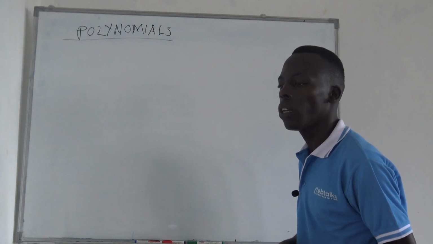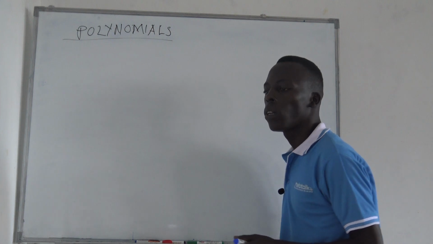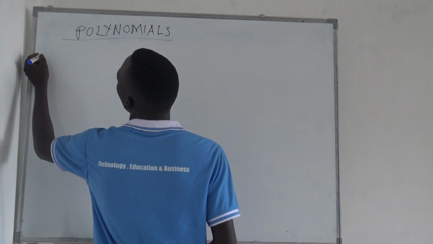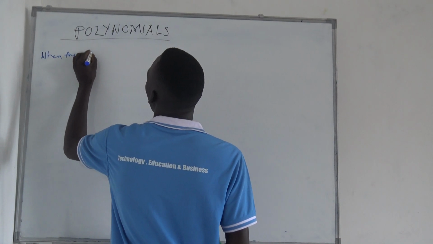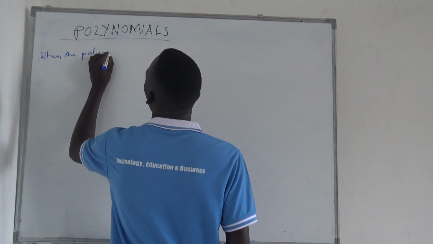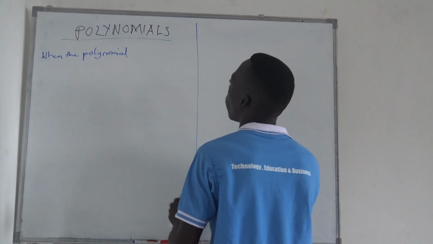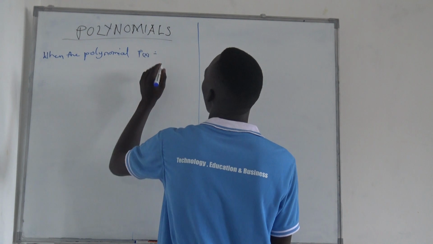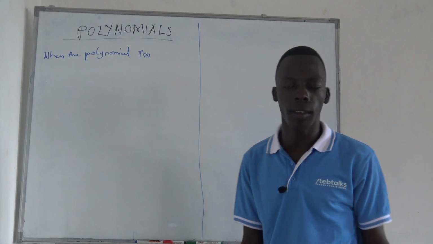The other question is saying that when the polynomial p of x, so this is our polynomial p of x, they have not given us the format.